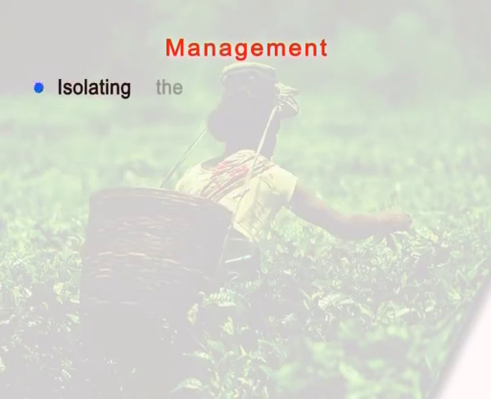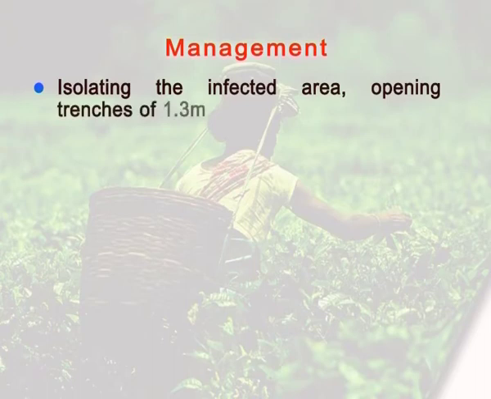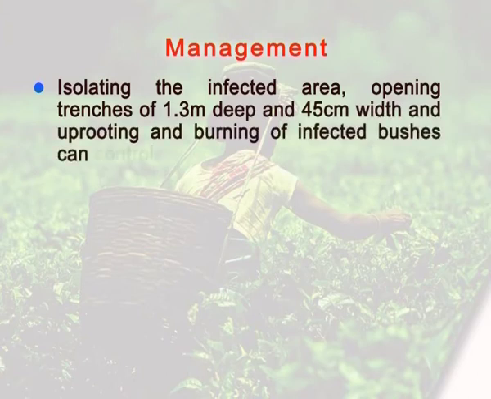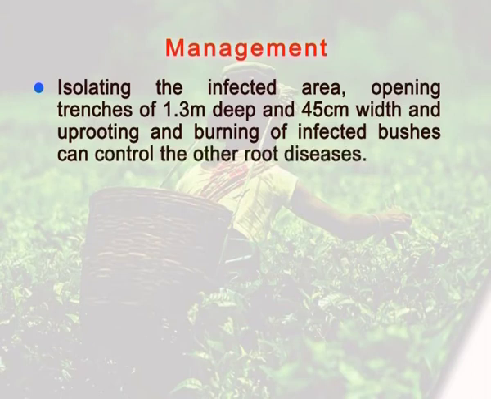Isolating the infected area, opening trenches 1.3 meters deep and 45 centimeters wide, and uprooting and burning infected bushes can control the other root diseases.